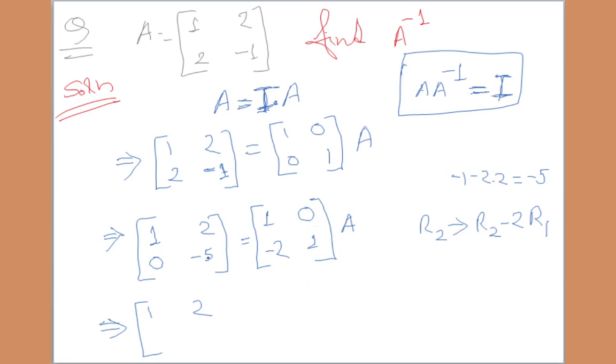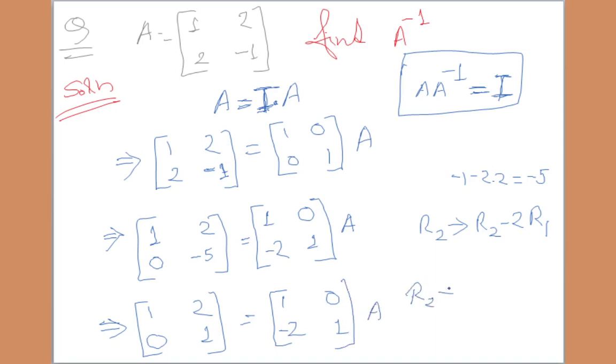So the right side becomes 2 by 5 and minus 1 by 5. How is the row changed?